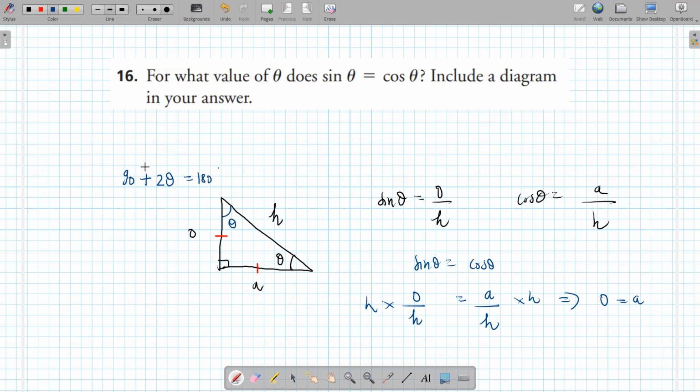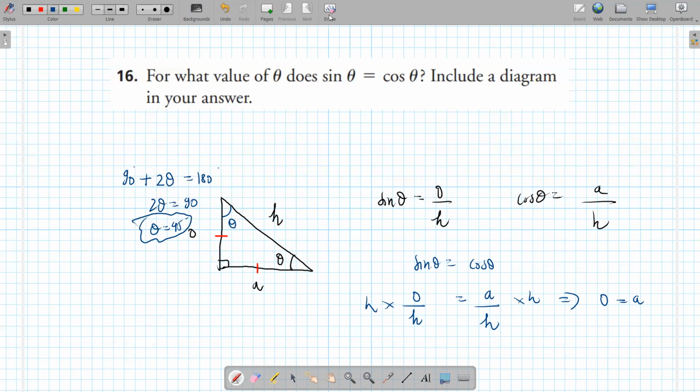And in a triangle, the angles always must add up to 180. So 2 theta is going to be 180 minus 90, which is 90. Theta is 45, and that's the answer. When this angle is 45, sine theta is going to be equal to cosine theta because the opposite and adjacent have the same side lengths. Does that make sense?